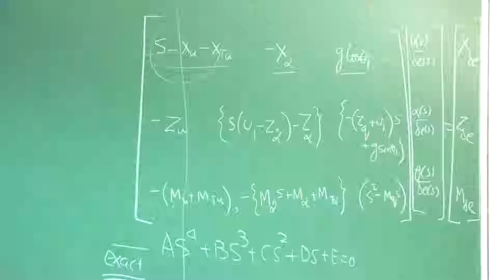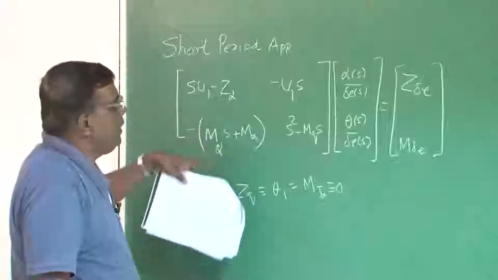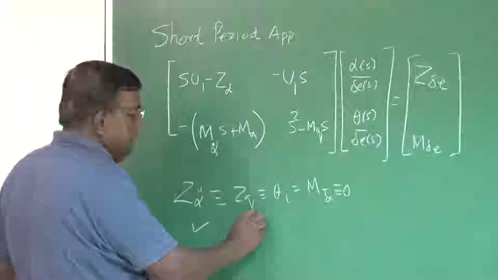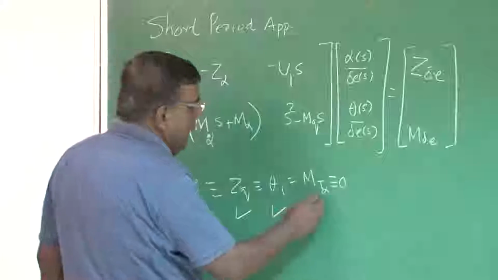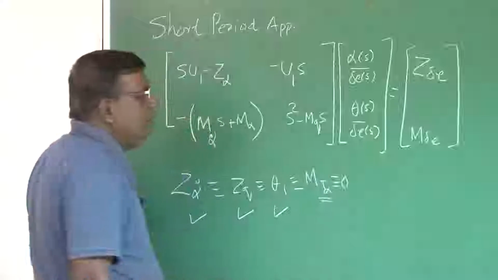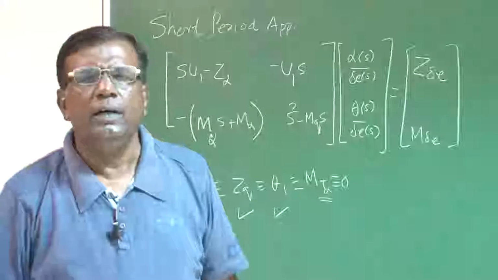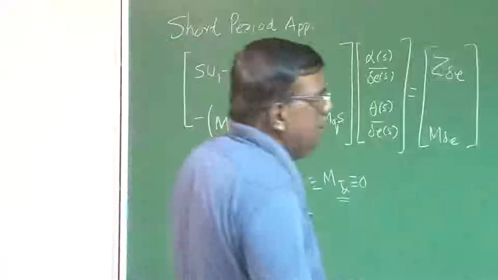And finally, we have a 2 by 2 matrix of this form, but be careful, we have assumed z alpha dot, zq, theta 1, that is airplane at theta pitch angle is 0, and we have also put mt alpha equal to 0, but generally you can understand that mt alpha is not 0, but no problem.